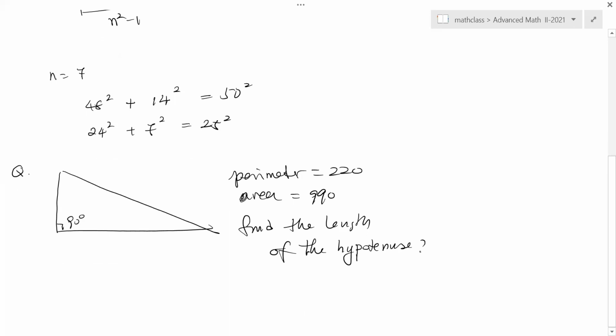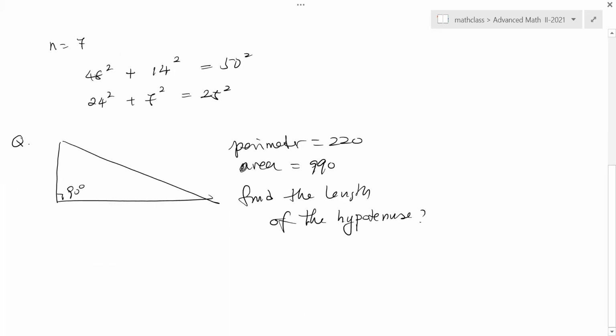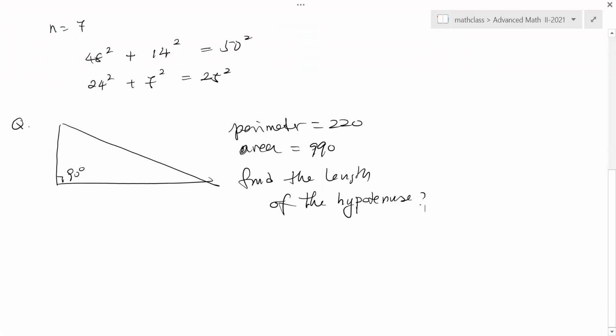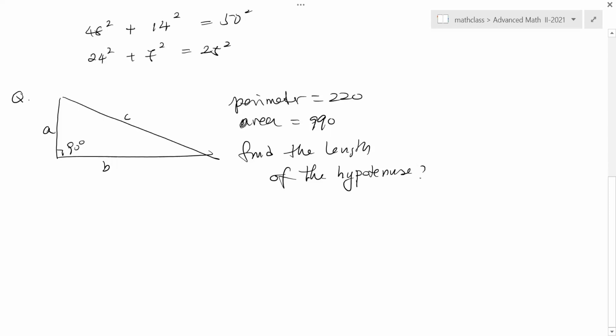Okay, so to solve this type of problem, we need to introduce variables along the sides. So this is A, that's B, that's C. Basically, we want to find the C. Now you write down what you are given.